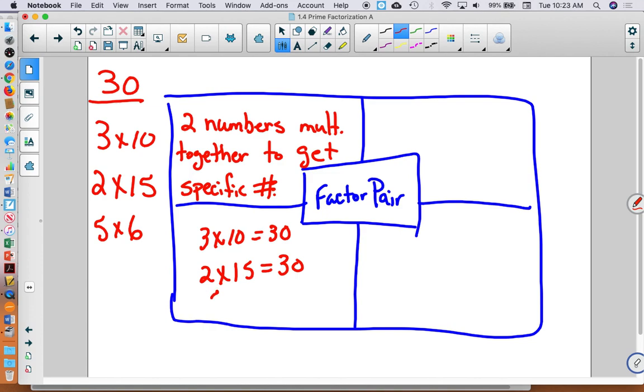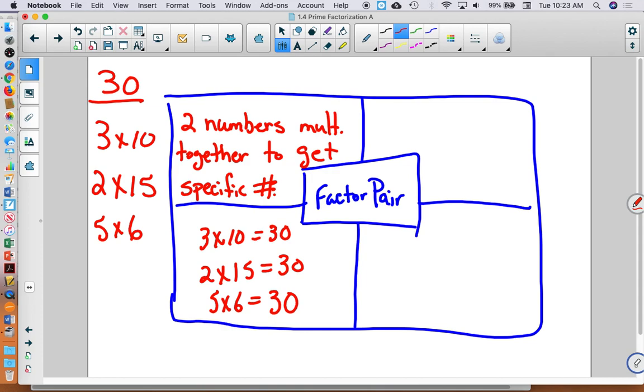And I could say 5 times 6 equals 30. 3 and 10 are factor pairs, 2 and 15 are factor pairs, 5 and 6 are factor pairs, all for the specific number 30. Do you agree with that? Yes.